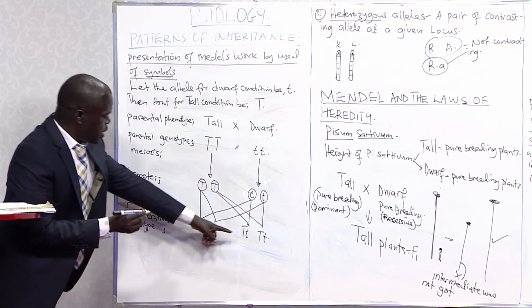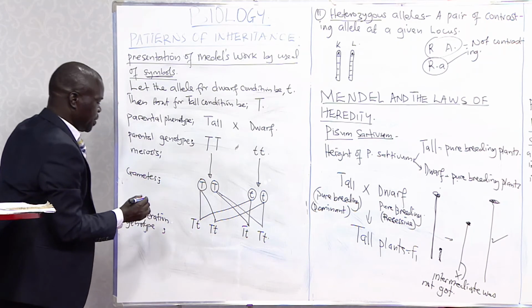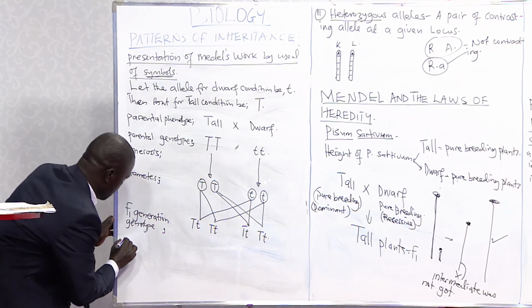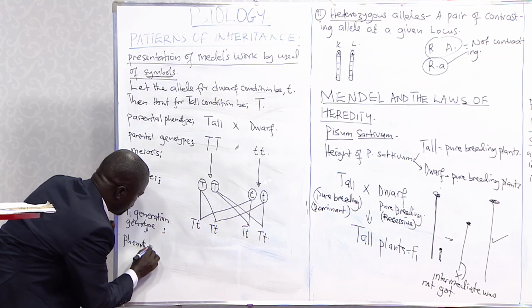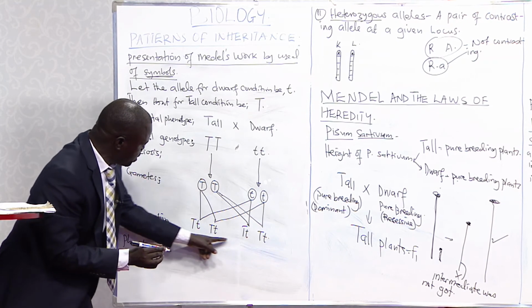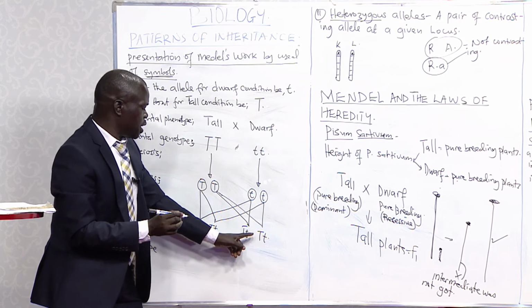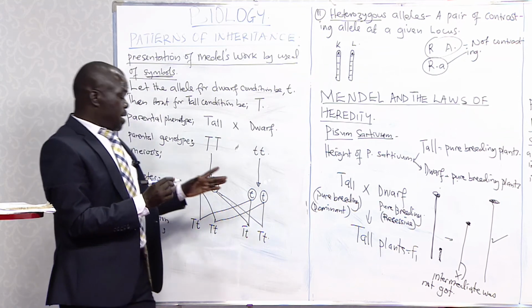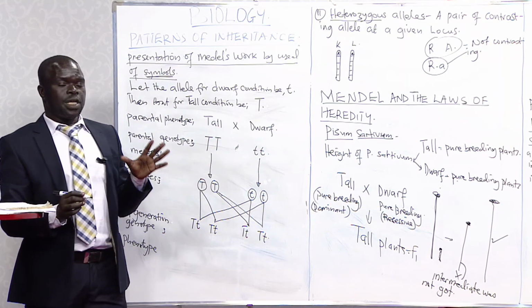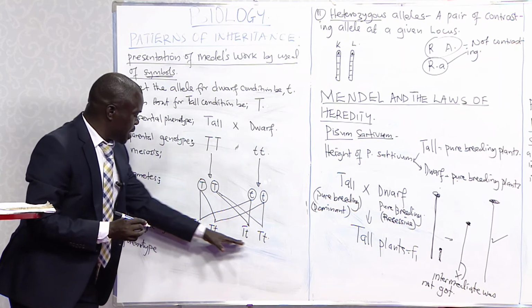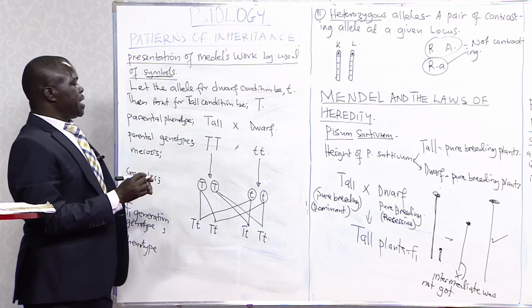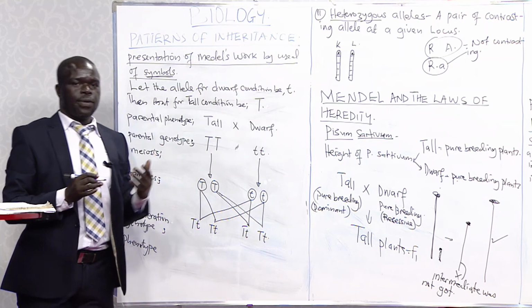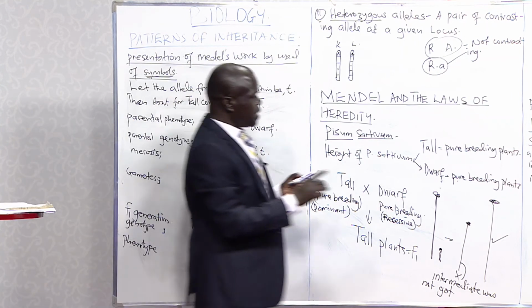I would like you to tell me now the phenotype of these organisms, these offspring. I see they are all the same: capital T, small t. Tell me whether these plants, the offspring of these two, are tall plants or dwarf plants. The answer is here.